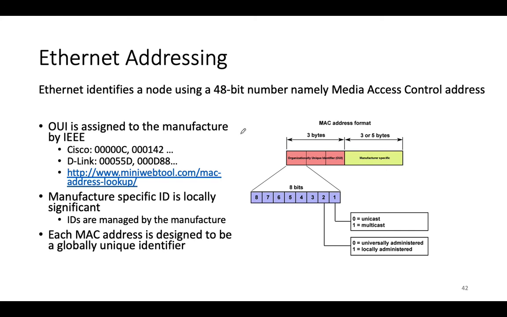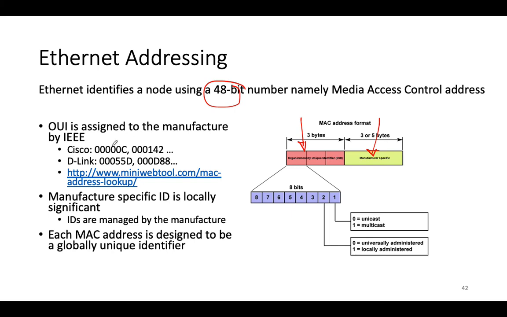What is the MAC address exactly? It's 48 bits, which is 6 bytes. The first 24 bits are the name of the company manufacturer. The second 3 bytes, the other 24 bits, are the serial number, whatever number the company will put.